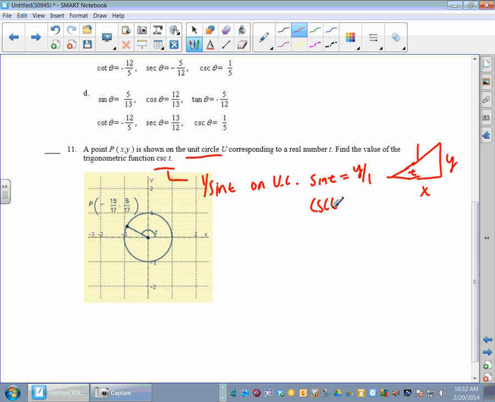So cosecant of t is going to equal 1 over y. What's the y coordinate in this problem? So 1 over 8/17 equals the cosecant of t.